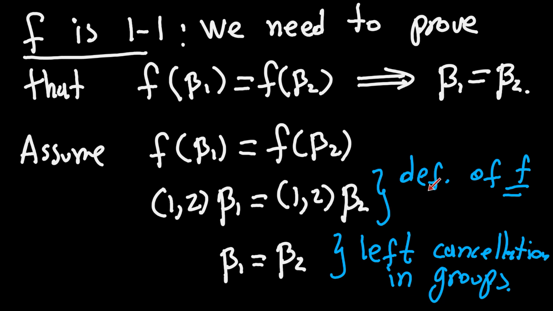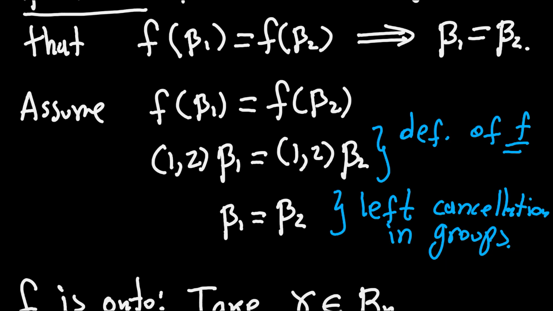Now, by the definition of the function, f of any beta is (1 2) multiplied by that beta. So this one here evaluates to this one. Same for this other part here. Now, we are in a group.